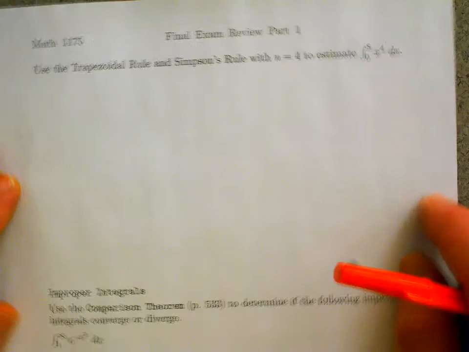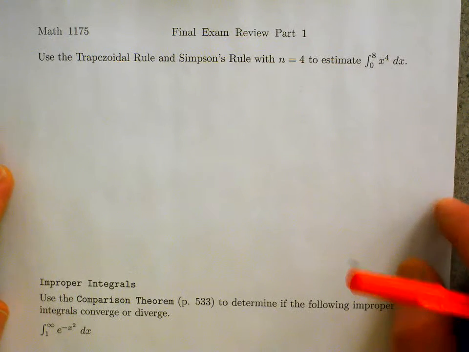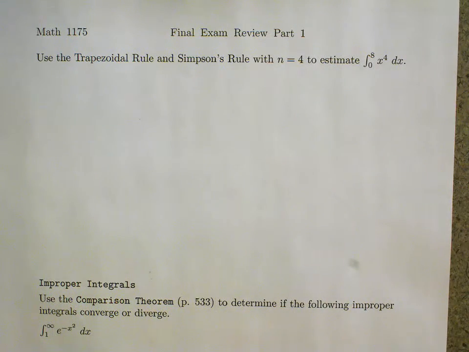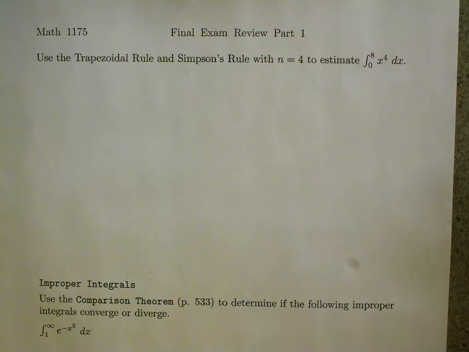So for this example, let's use both the trapezoidal rule and Simpson's rule with n equals 4 to estimate the definite integral of x to the 4th dx from 0 to 8.